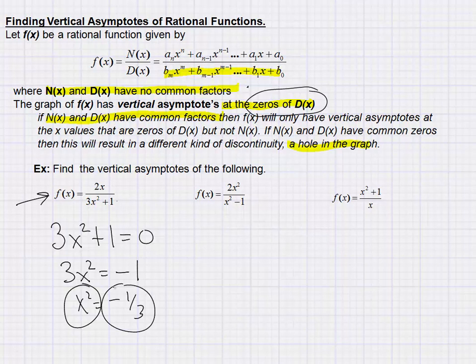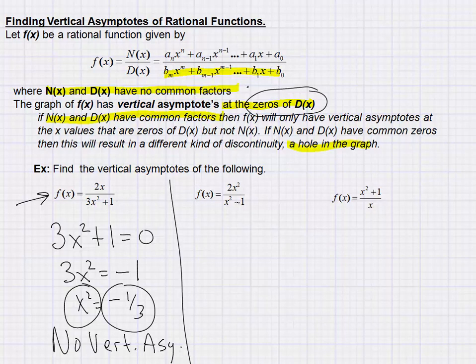The only way I can do that is if I talk about imaginary numbers, and from the start of this whole thing, when we started with polynomials, we said we're going to assume imaginary numbers don't exist. So for right now, essentially what we could say is in the real number system there's no solution, right? And if there's no solution to this equation, then there's no vertical asymptote, because really there's no place where the denominator is 0. Let's go to the next one.